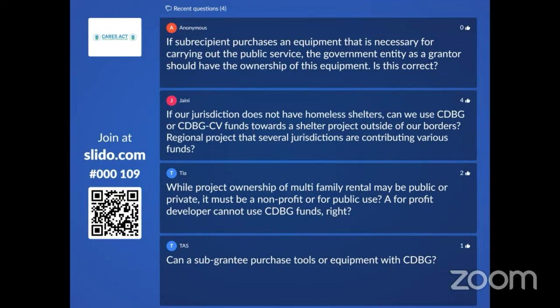But all of that would have to be made clear in the agreement between the subrecipient and the grantee. I think the Part 200 requirements are in 203.11, somewhere along that line.